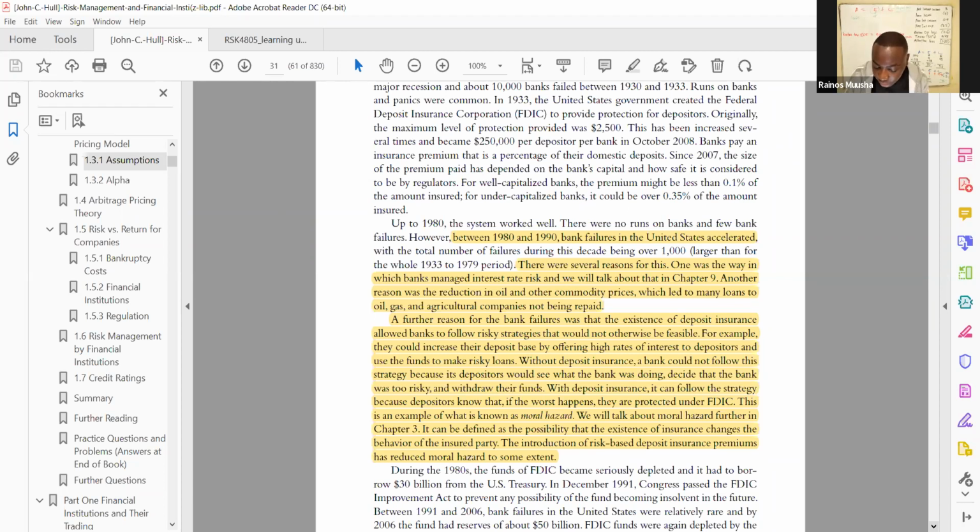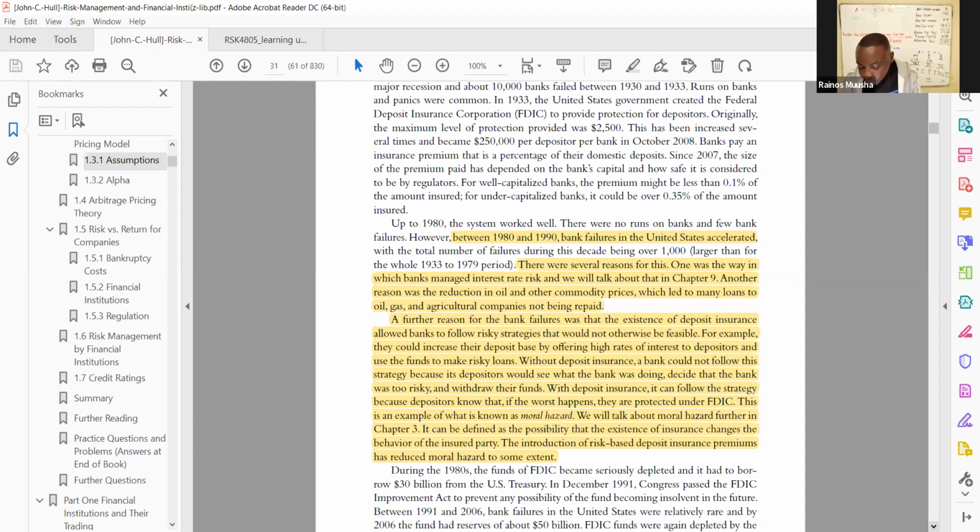With deposit insurance, it can follow the strategy because depositors know that if the worst happens, they are protected by the FDIC, the deposit insurance corporation. They say this is an example of what is known as moral hazard. We will talk about moral hazard further in chapter 3. It can be defined as the possibility that the existence of insurance changes the behavior of the insured party.